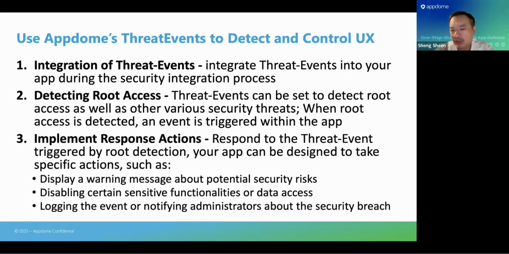Additionally, you could continue to allow them to run the application, but maybe you want to disable certain sensitive functionalities inside of your application to restrict access to critical data, mitigating the impact of a security breach. Finally, in the event of a security breach triggered by this root access, your app can also log the incident, which will allow you to have a record or audit for further forensic analysis, right?